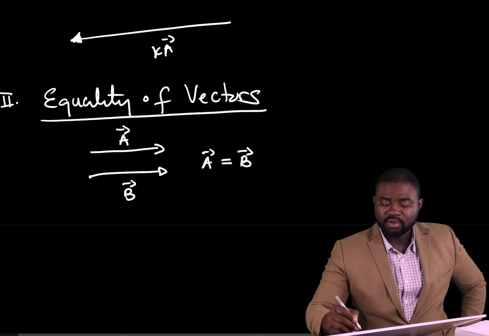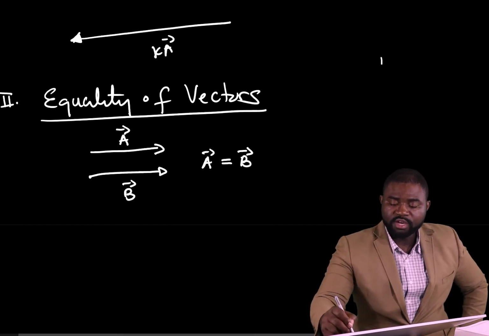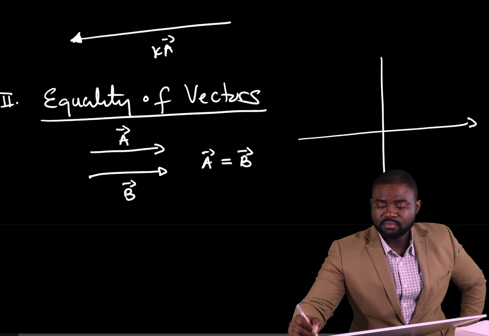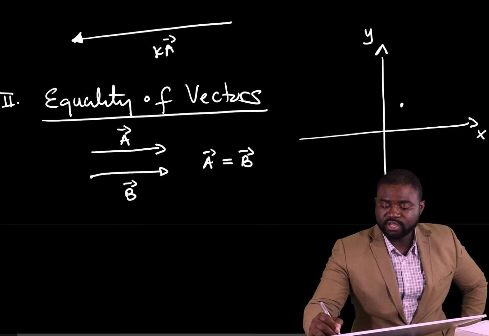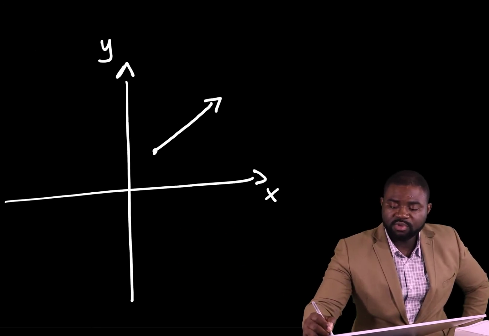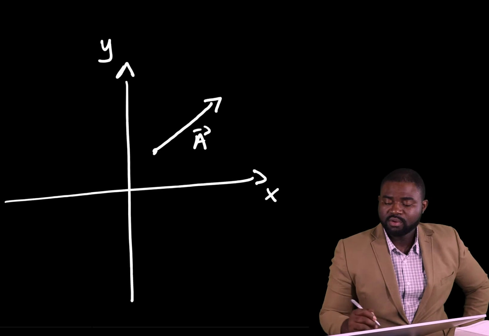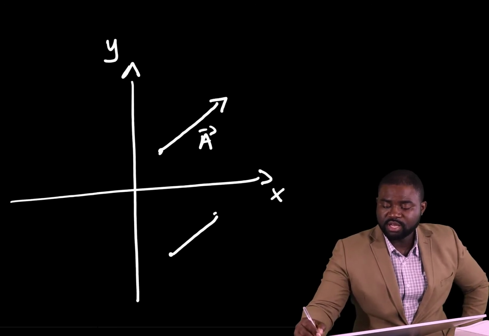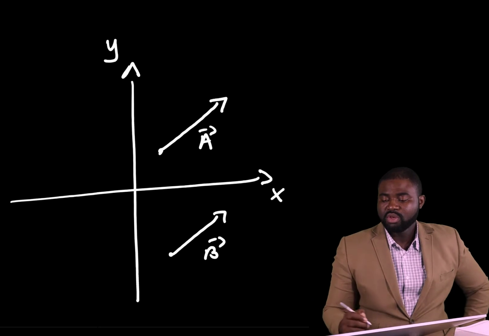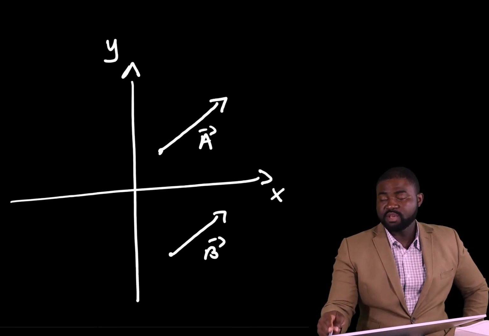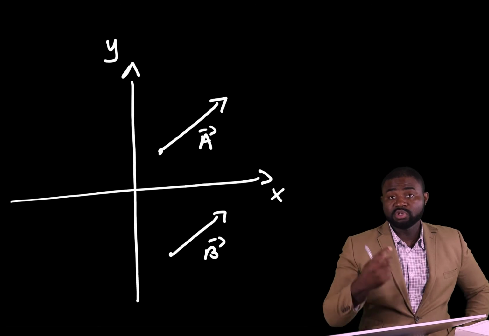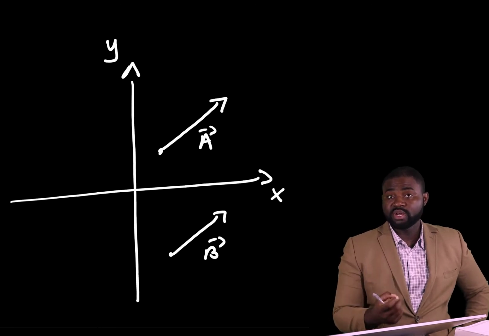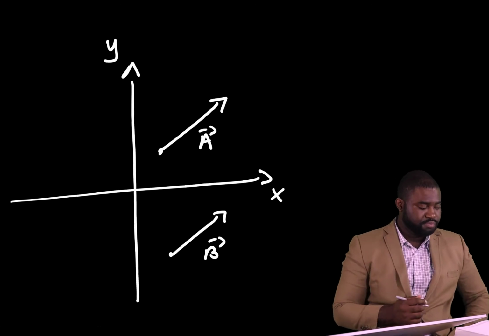At the same time, if I draw a coordinate system, this is Y, this is X, this is vector A. Vector A can be in that direction, and vector B can be in that direction. You recognize that A and B have the same direction, but they have different points of origin. So the two vectors must not start at the same point, but they must be equal in size and in direction for the two vectors to be equal.